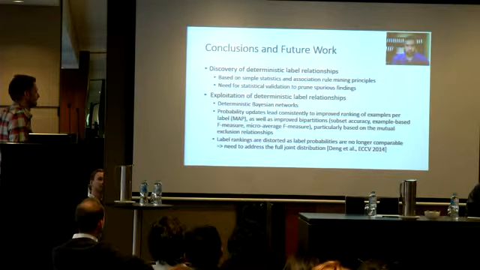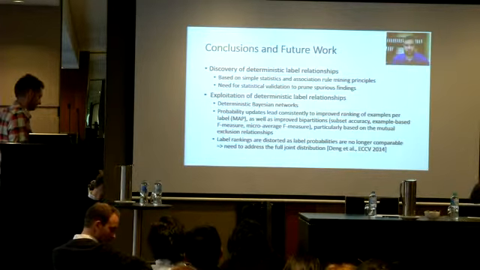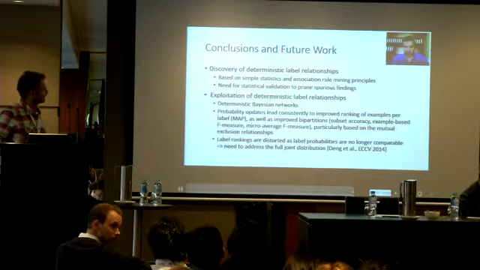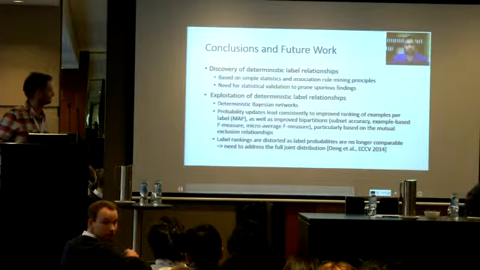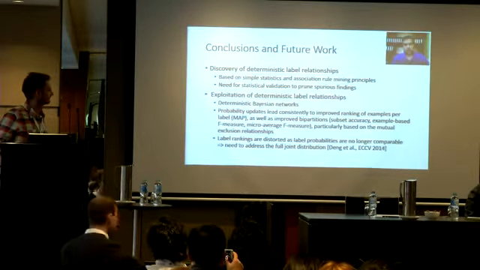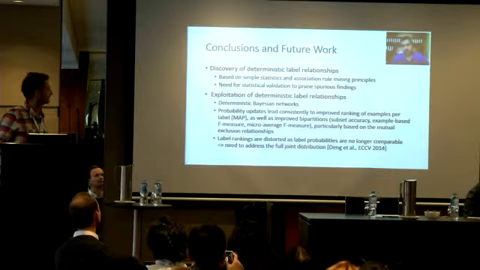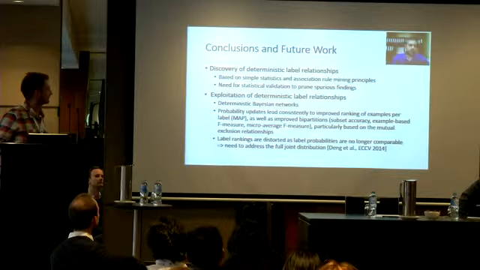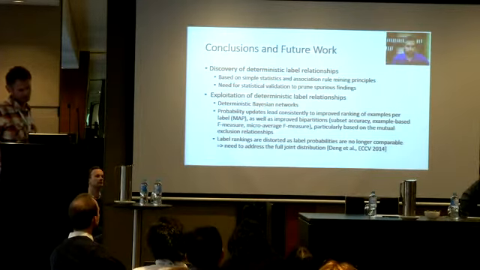To conclude, we developed a framework for the discovery and the exploitation of deterministic relationships among labels. Discovery is based on simple statistics and association rule mining principles, and there is a need to statistically validate the discovered relationships in order to prune chance artifacts. We use deterministic Bayesian networks to exploit the relationships.